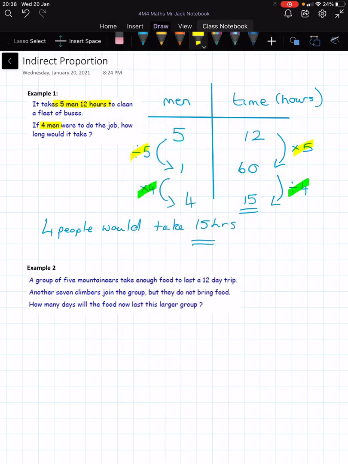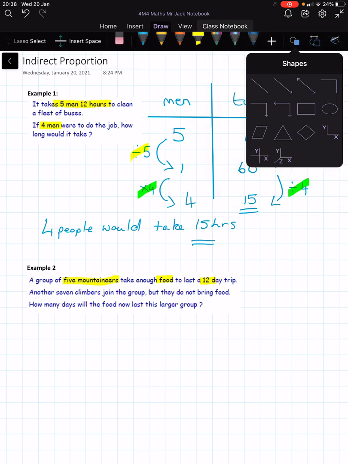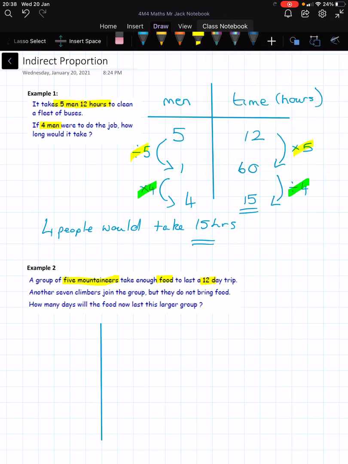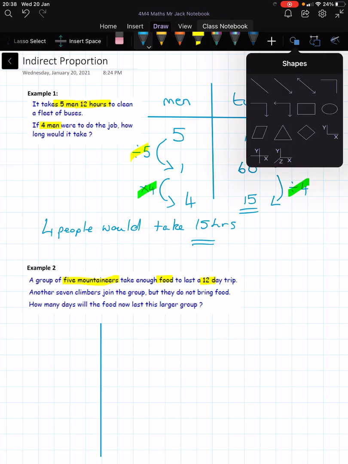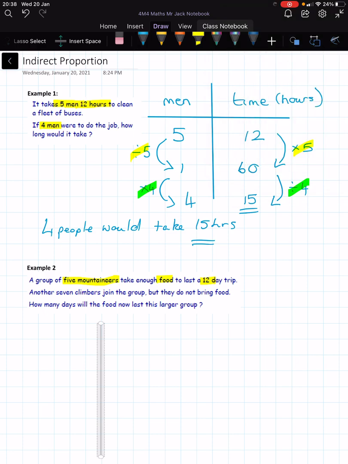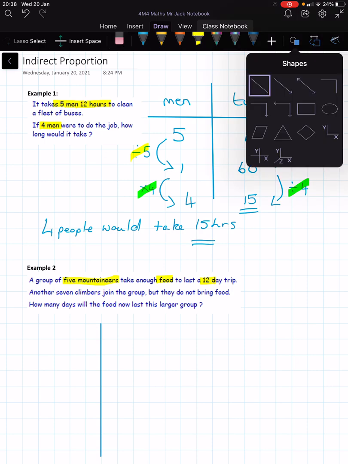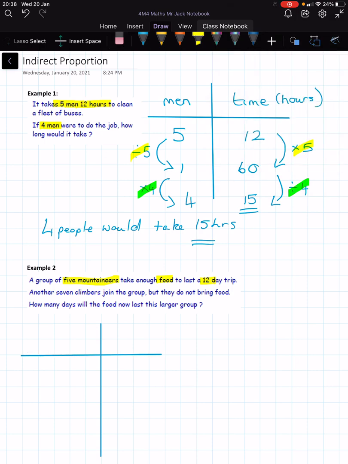Alright, next example. So we've got 5 mountaineers and we've got food, and it's going to last 12 days. Alright, so let's pop the cross in here. I'm trying to set a good example using a ruler here, or the iPad equivalent of a ruler. There we go, right. So what do we have?